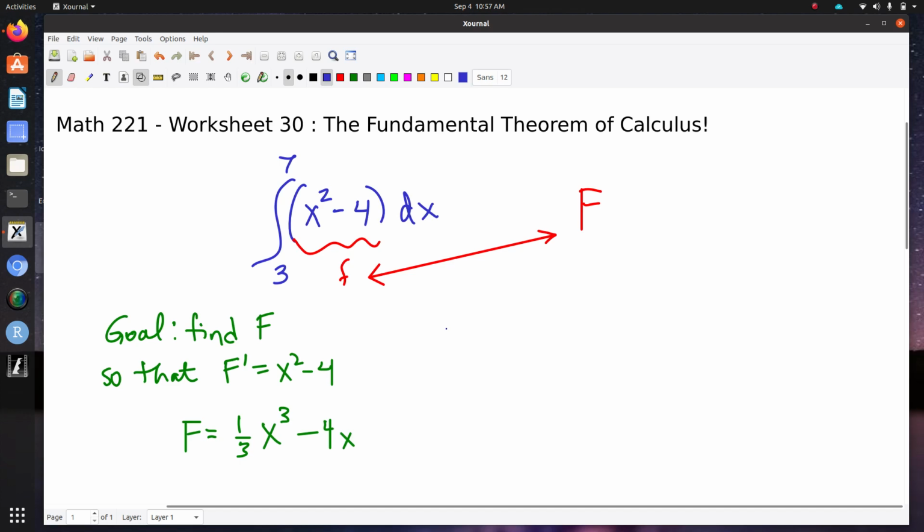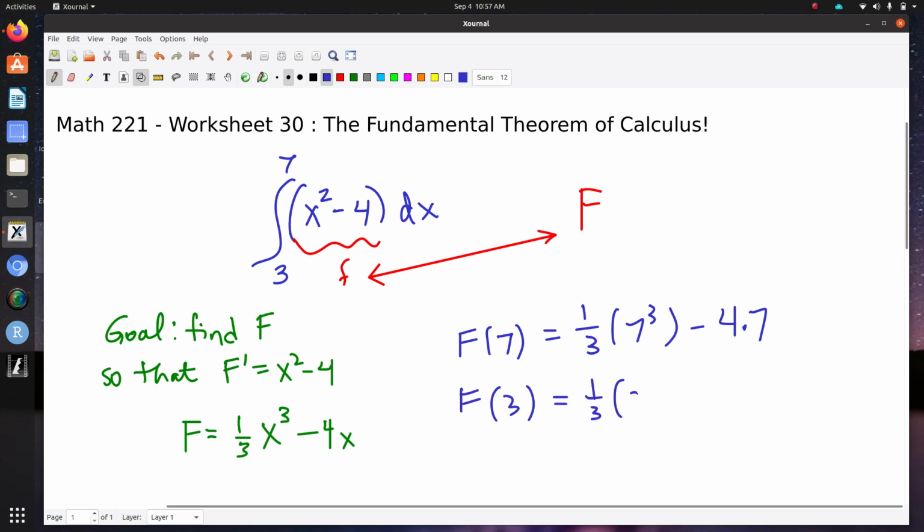So what we're going to do is say, okay, if capital F of 7 were to look like this, and capital F of 3 were to look like this, we could just subtract them, and then we could find the distance that this guy traveled total over that time interval.